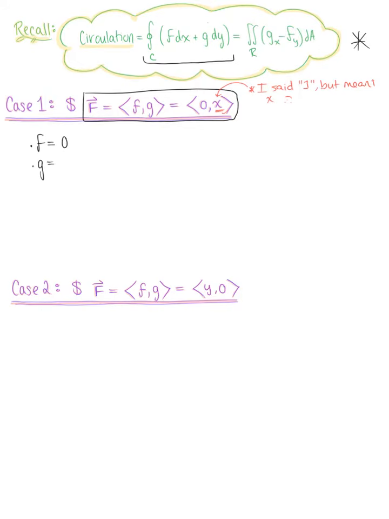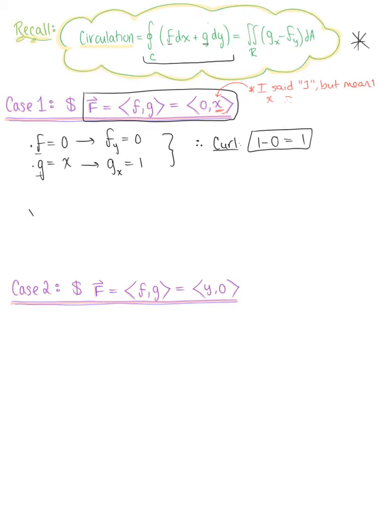Our g component here is x. So the partial derivative of f with respect to y is just 0. The partial derivative of g with respect to x is 1. Therefore the curl is going to be 1 minus 0, which leaves us with 1.